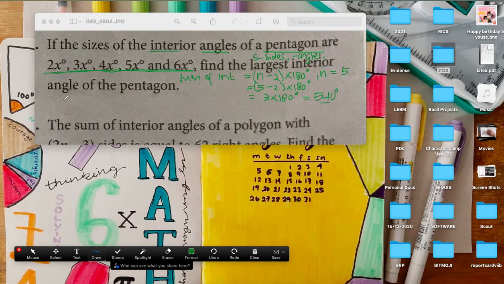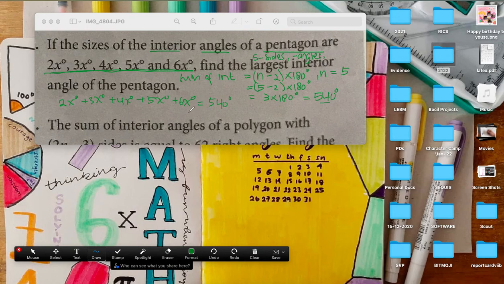So then we'll be having 2x degrees plus 3x degrees plus 4x, right, plus 5x degrees, 6x degrees, that is equal to 540 degrees. And for your information, you can also put this formula next to the equal sign instead of putting 540 degrees.